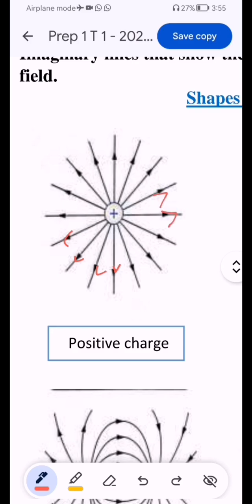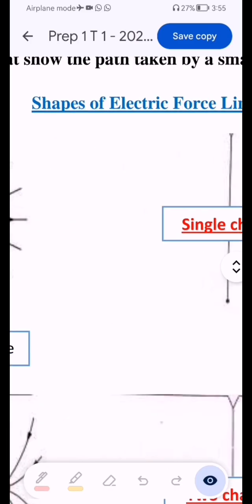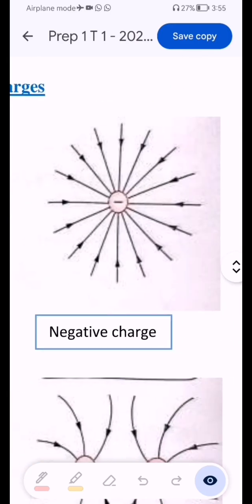And if you look at the negative charge, the electric field lines go into the charge. Look at the direction of the arrows. In the negative charge, they enter the negative charge. The electric field enters the negative charge, but goes from what? From the positive charge. That means the electric field starts from positive and ends in negative.